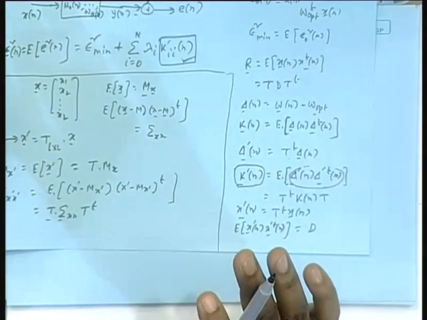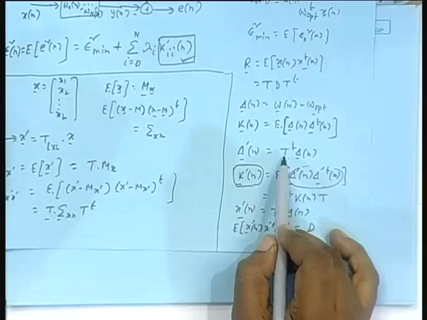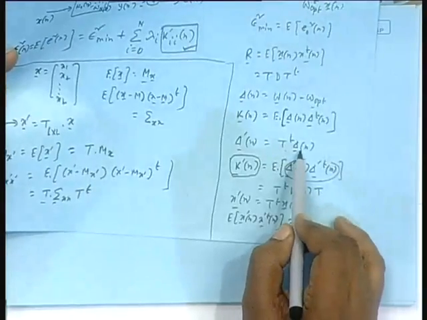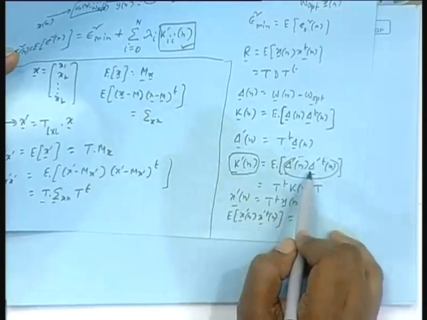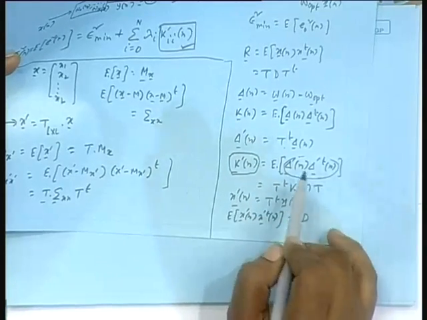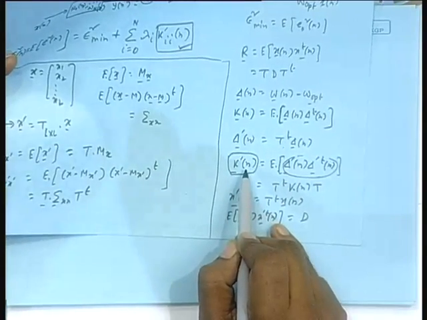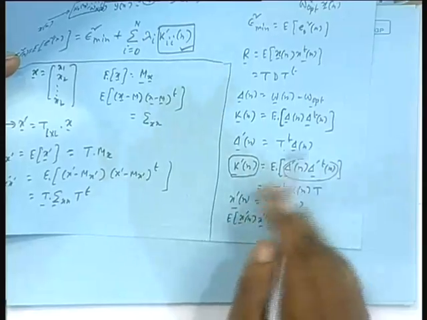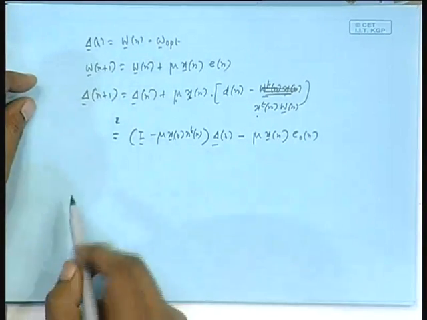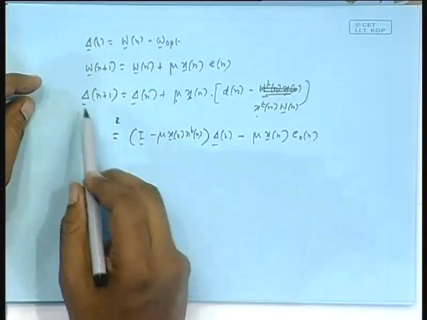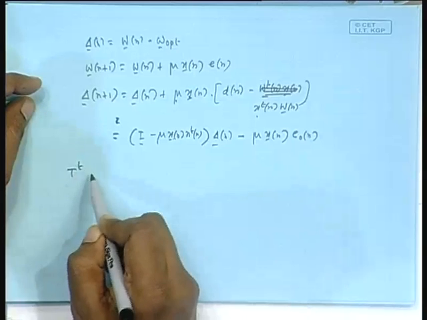So, delta n is not enough. I have to take T transpose delta n, find out this, then the correlation of that I have to do for the n plus 1th index, and write that entire thing in terms of its value at the nth index. So, delta n plus 1 is not enough. I have to multiply this by T transpose.